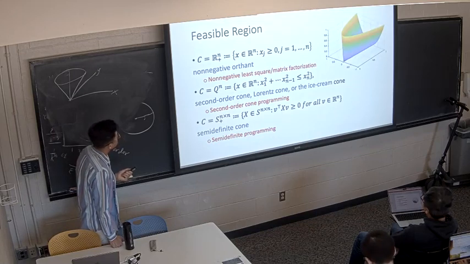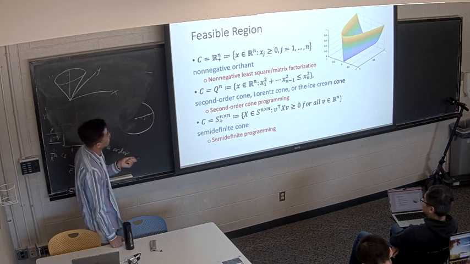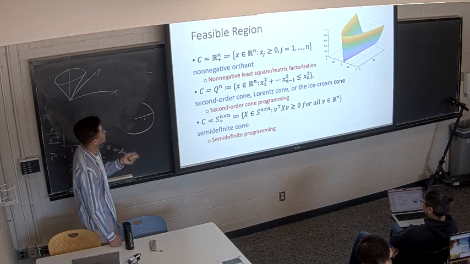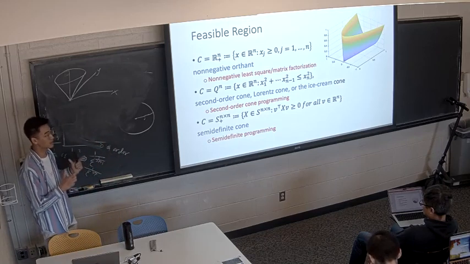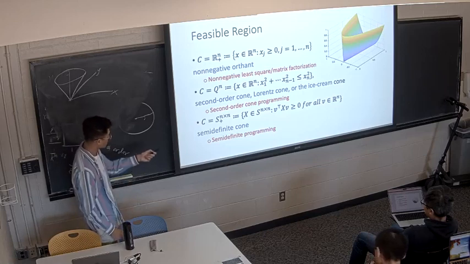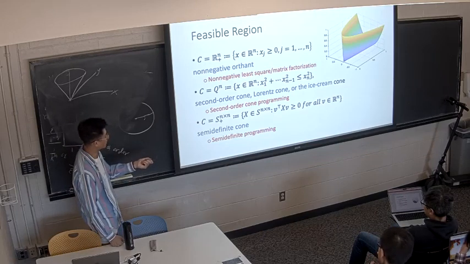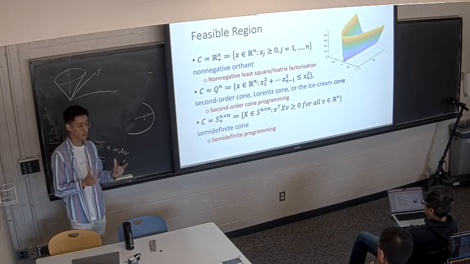And the last example we want to present here is the semi-definite cone. Basically, C here is very different from all the other examples, because all the other C's are in the R^n space. They are sets of vectors. But here C is a collection of matrices. So here C is in the space of symmetric matrices.